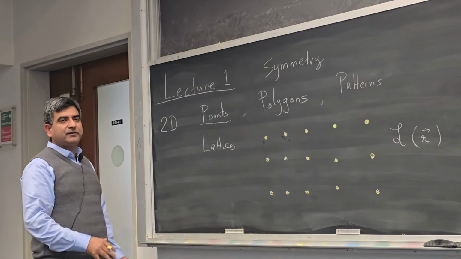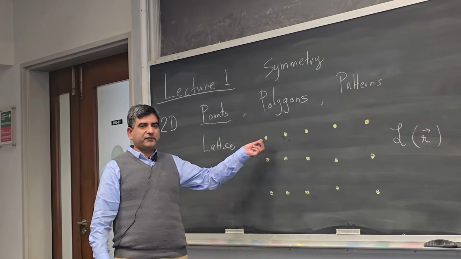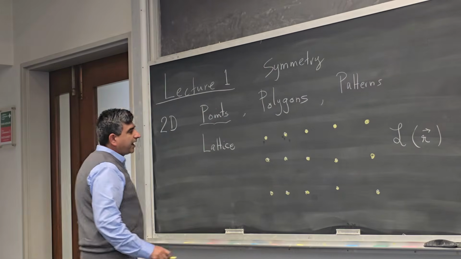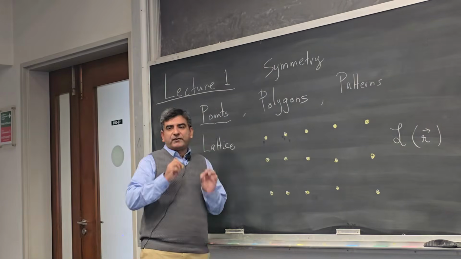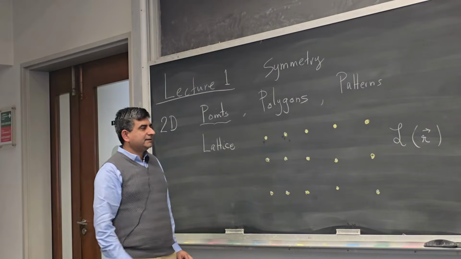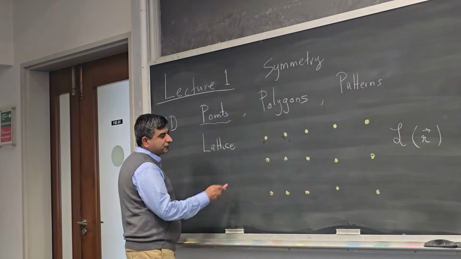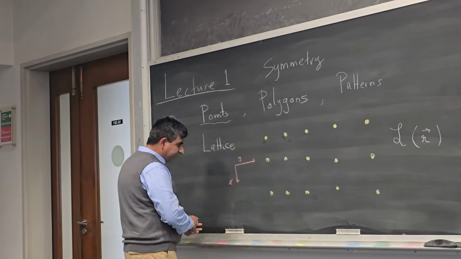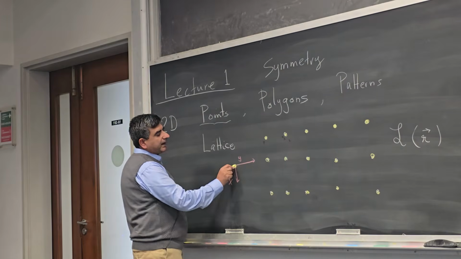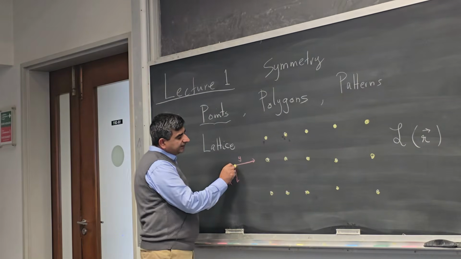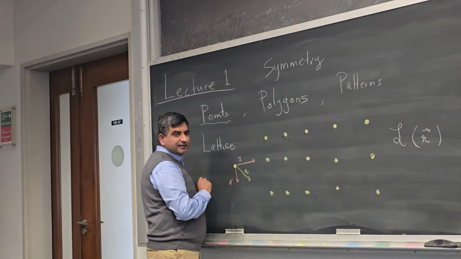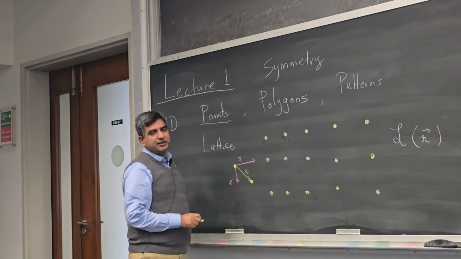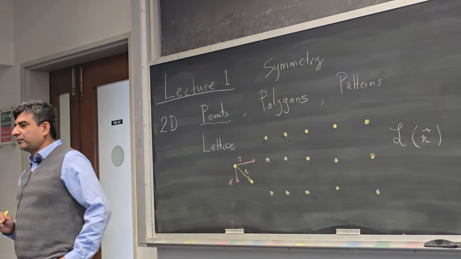We could also have another kind of repetitive unit that we attach to each lattice point. For example, we could have a pair of atoms. Say we define this to be our x-axis, this to be our y-axis, then we could define a pair of atoms. One atom, of course, is at the origin, and the other atom is at a distance a with respect to the origin at an angle of 45 degrees between x and y.